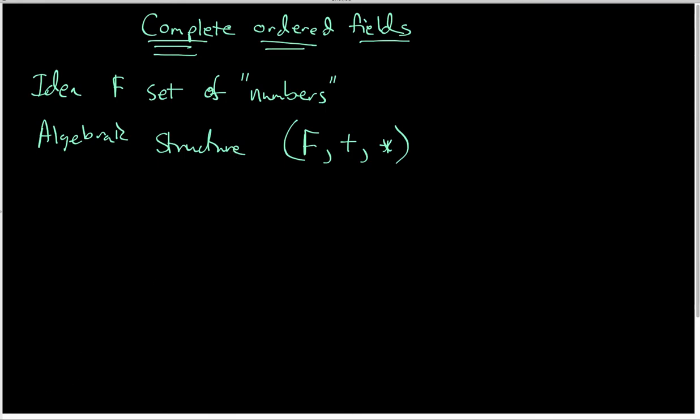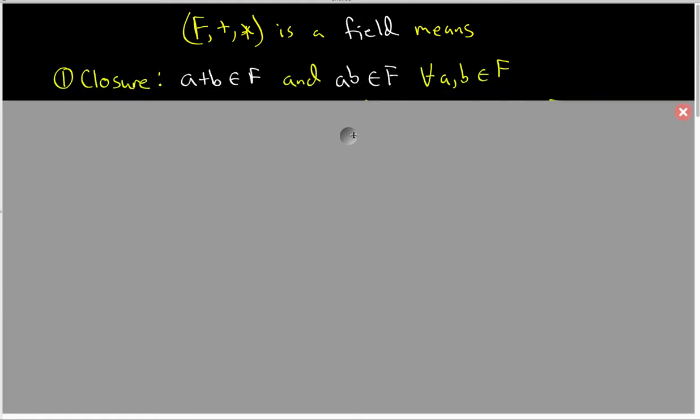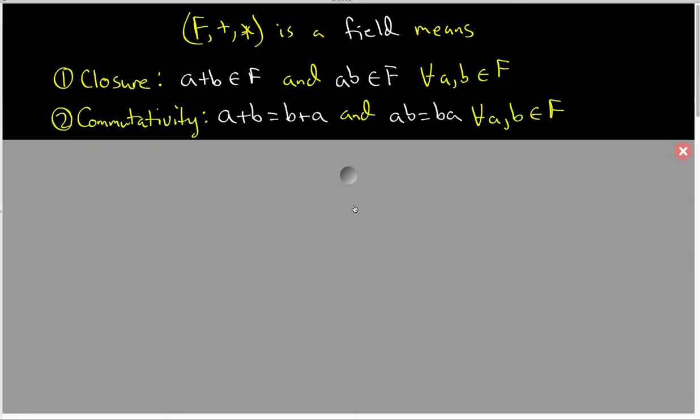So we've already actually looked at ordered fields, but I want to briefly remind you of what they look like. If we say that F under addition and multiplication is a field, what we mean is that we have a bunch of properties. In particular, we have closure: if we pick any two things in F and we add or multiply them, we stay inside F. We have commutativity.